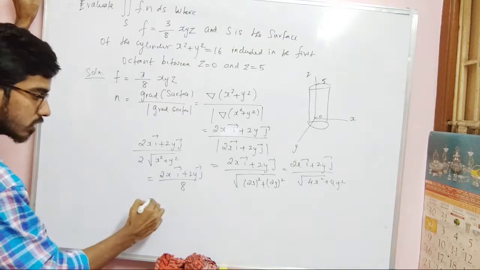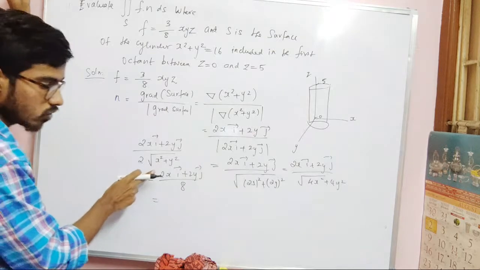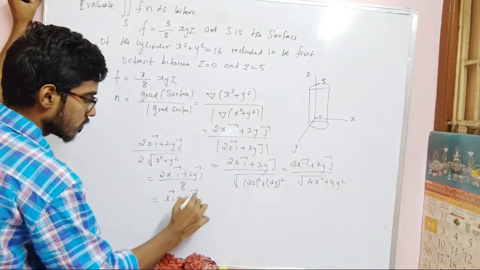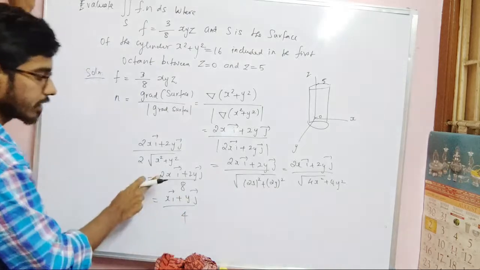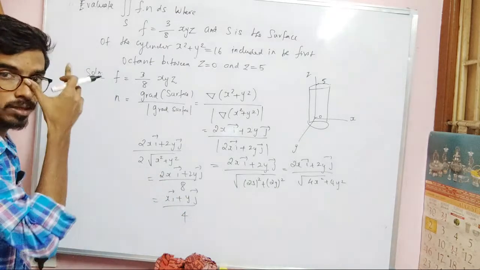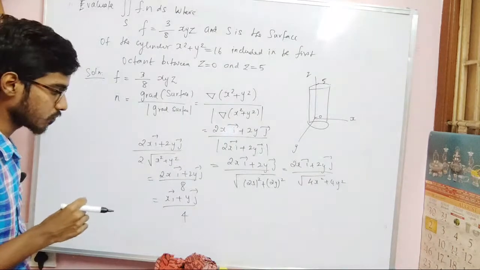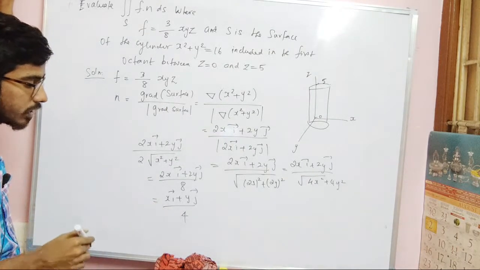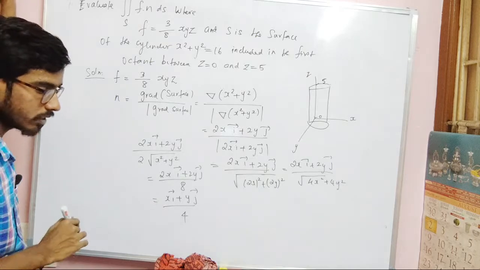Now I can also take 2 outside and cancel with the denominator 8. So this is our n. So n is x i vector plus y j vector divided by 4.